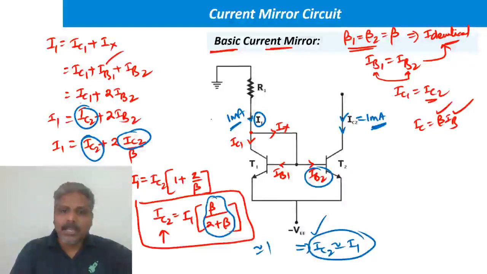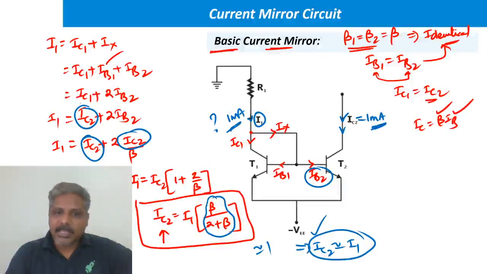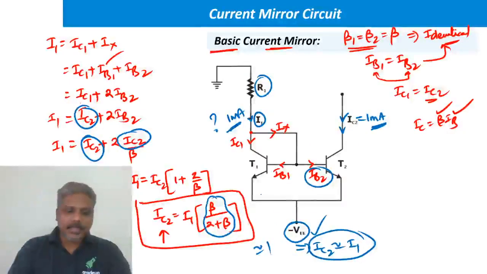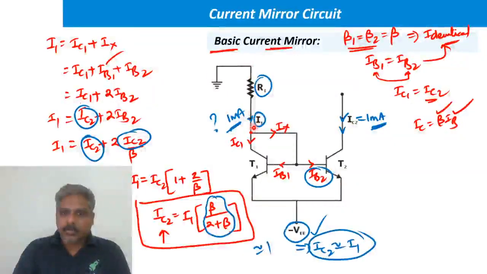Now, if I want the current here as 1 milliampere, I have to put this current as 1 milliampere. But how can I do that? Whether this current is 1 milliampere or 10 milliampere depends on this value and this value. Check it by applying KVL in this loop.